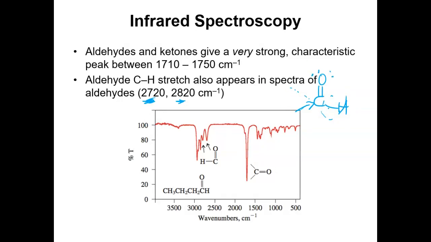Basically, this is a lone pair here, and this is the anti-bonding orbital of this CH bond. Can they overlap? They happen to be parallel, right? So this lone pair is anti-parallel to the anti-bonding orbital of this CH bond.